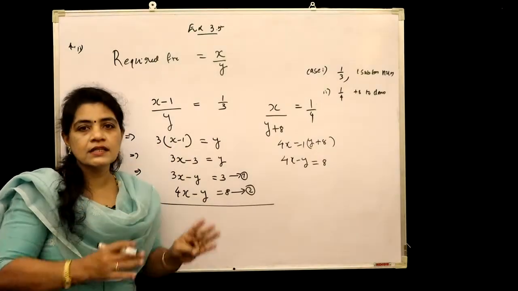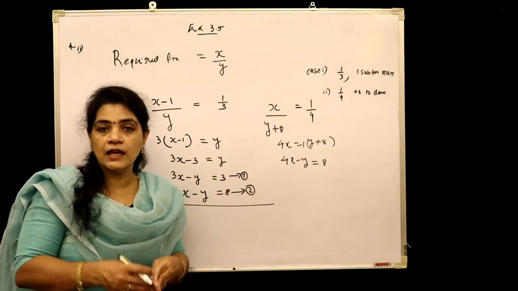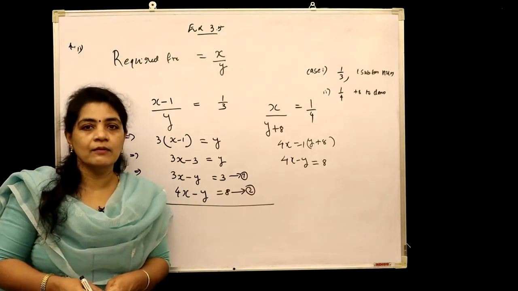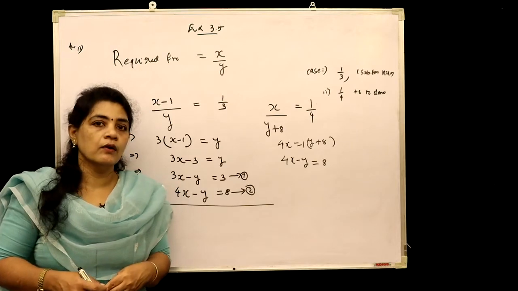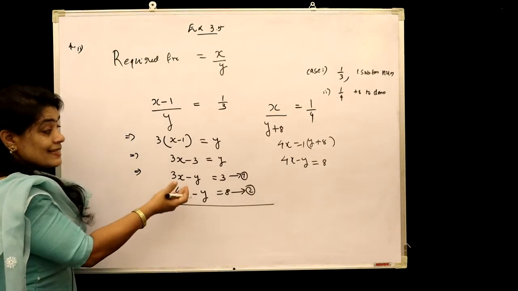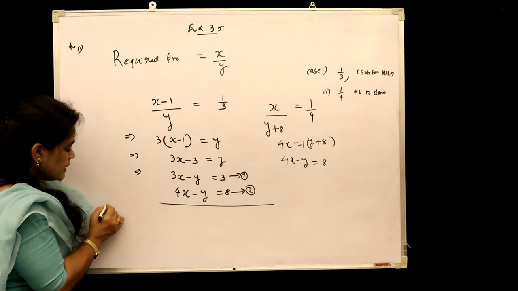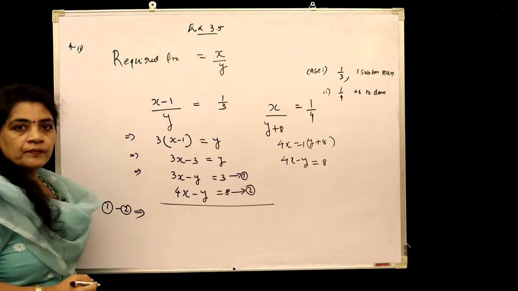So negative 1 is its coefficient. Since the coefficients are the same with the same sign, you have to subtract, then only that term gets eliminated. With the same sign we can only add, so in order to eliminate, you have to subtract. That is the indication, that is 1 minus 2 implies, right?